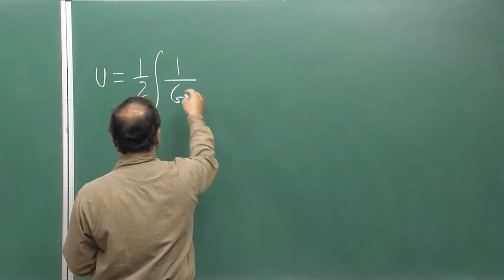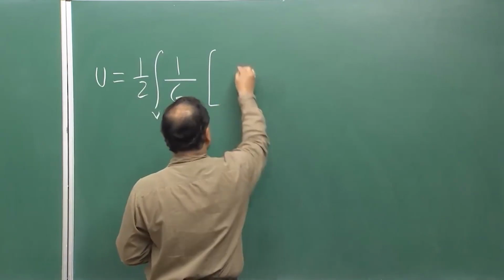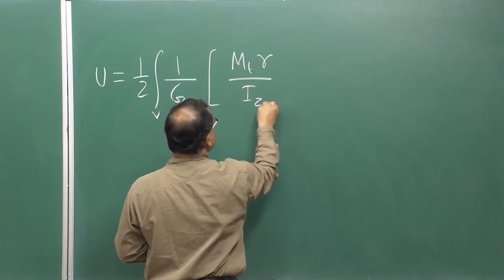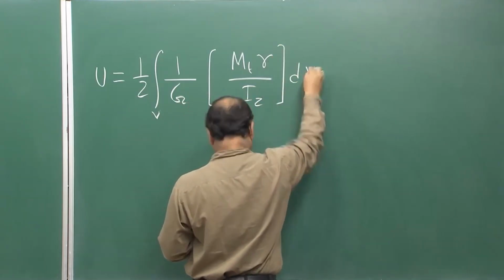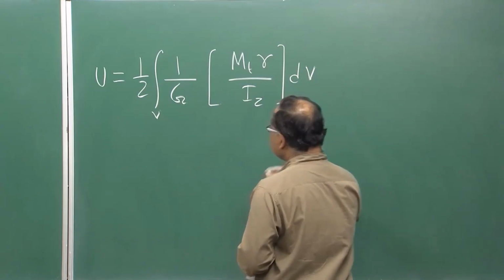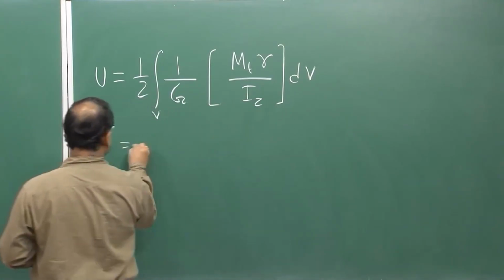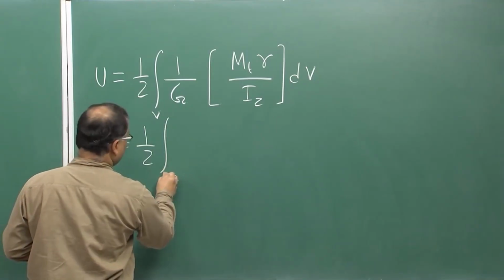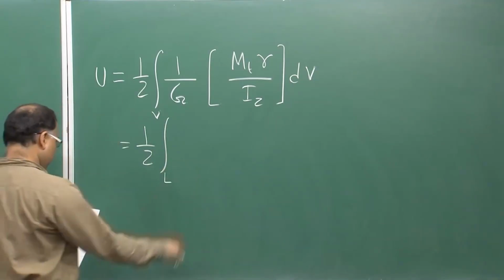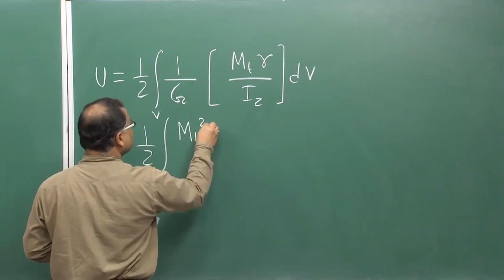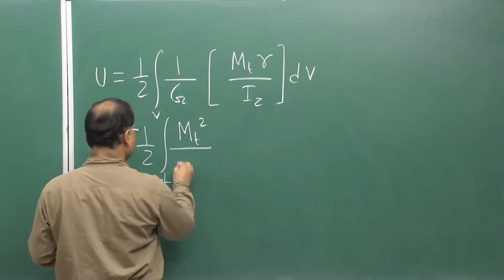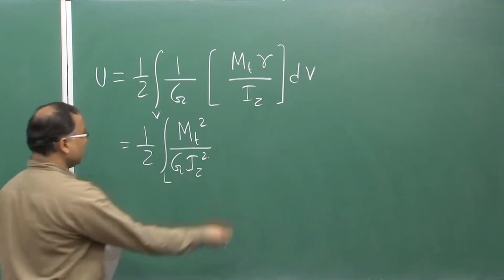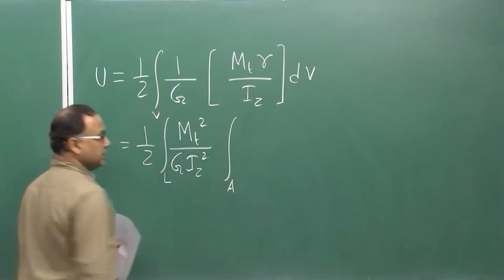So, I can simply write 1 by G into Mt r by Iz dV, and this can be further written as half integration over the length L of Mt square by G Iz square, and integration over the area.